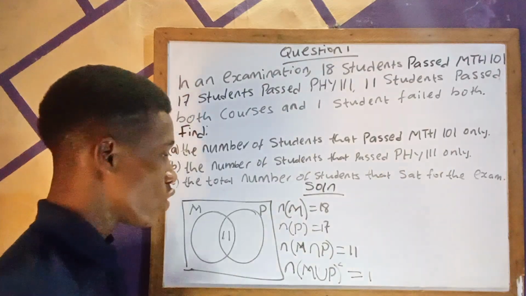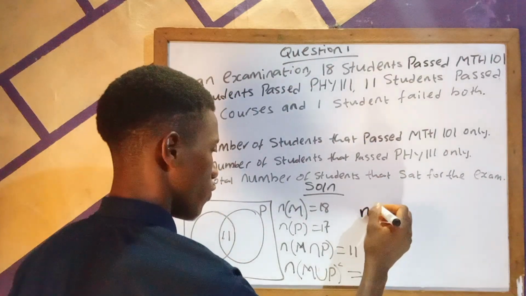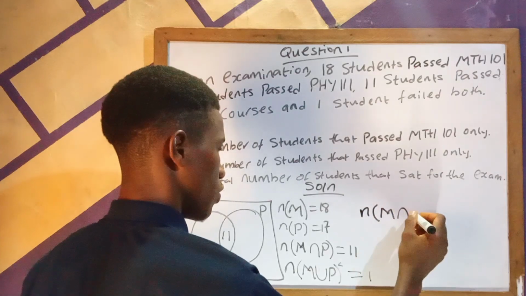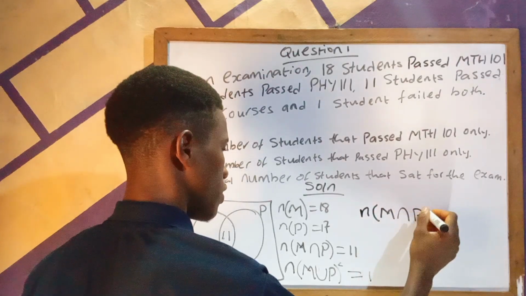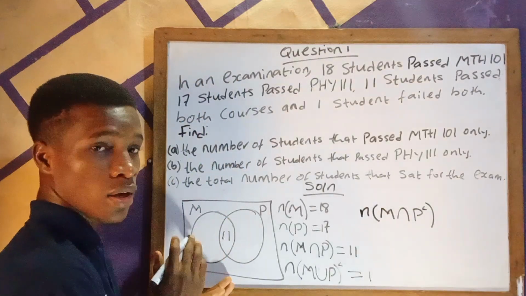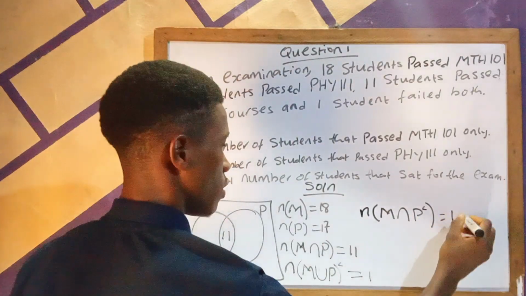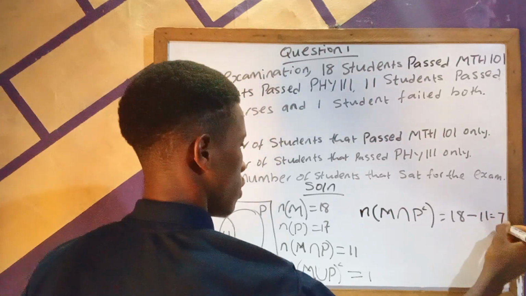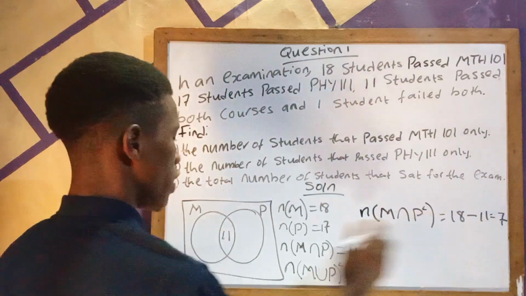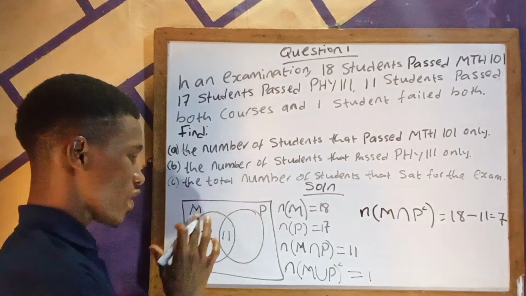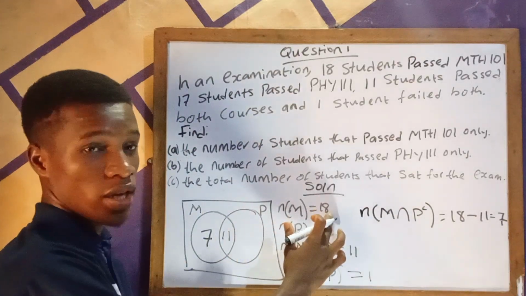You get it? So from here we say that the cardinality of M intersection P complement, that means only this part here, will be 18 minus 11, which is 7. So 7 students passed only Math, so we have here 7, making the number of those that passed Math correspond to 18.